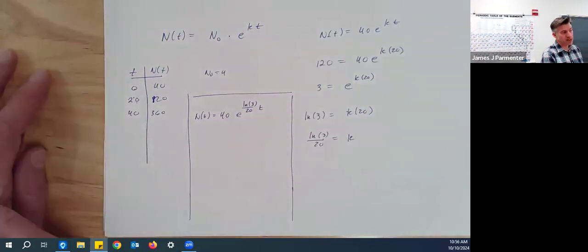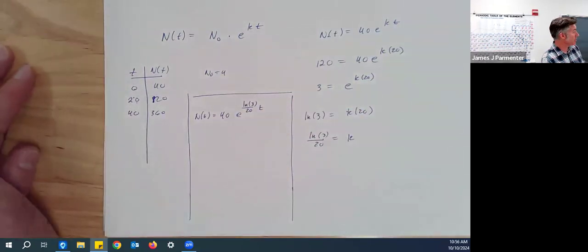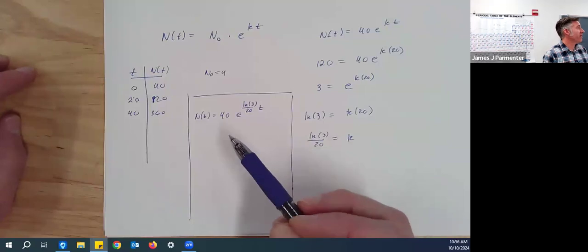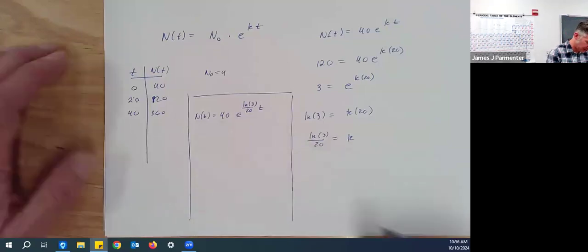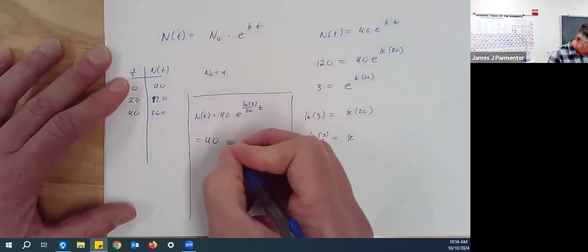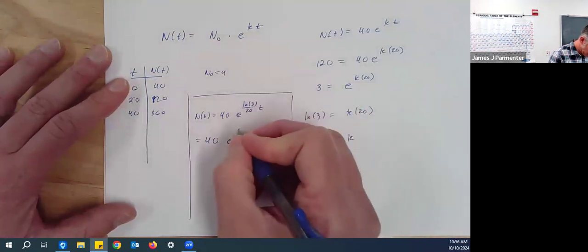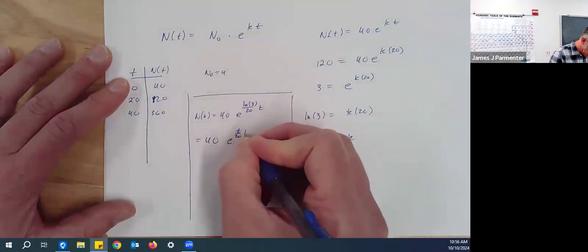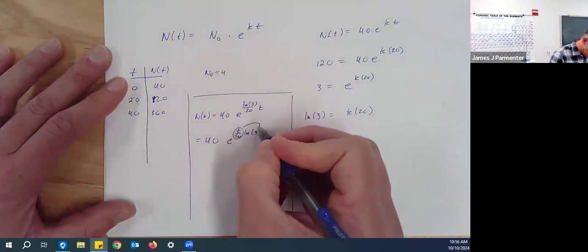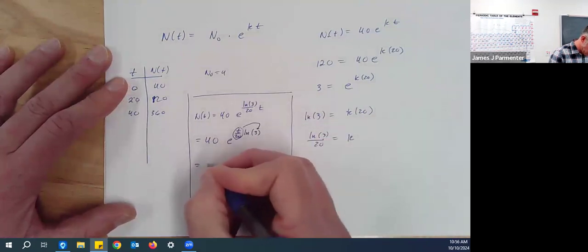Which might look a little bit different than what we just did, but is actually the same. So I'll point out that we could simplify this. You don't need to simplify this, but you could simplify this to see if it's the same as the other one by doing the following. You could rewrite this as 40 times, check this out, e to the, I'm going to write it as t over 20 times the natural log of 3, and then bring that t over 20 up as the power of 3 using my logarithm rules.